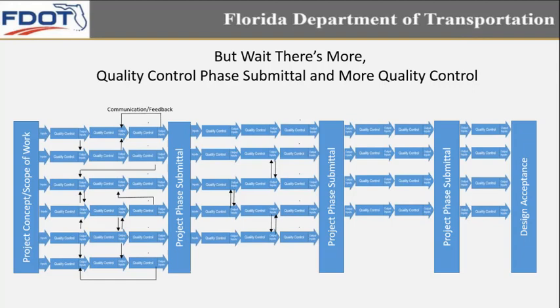But there's more. You have quality control, and you have phase submittals and more quality control. I threw that in there to highlight what a phase submittal represents throughout that process. Throughout this diagram, you see that quality control diagram taking place multiple times, multiple channels of work happening, each one going through multiple iterations of quality control.